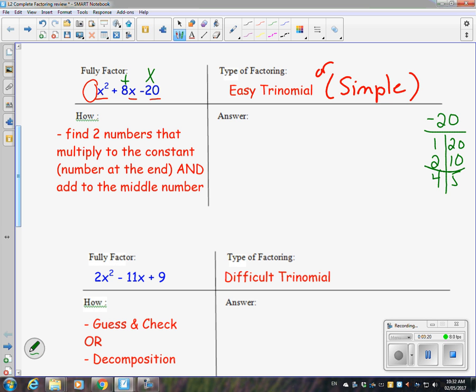So looking at my 2 and 10, if I did 10 take away 2, I would get 8. So my factors would be x minus 2 and x plus 10, because negative 2 times 10 is negative 20, and negative 2 plus 10 is 8. If I were to do FOIL, I would go back to x squared plus 8x minus 20. So that's simple or easy trinomials.